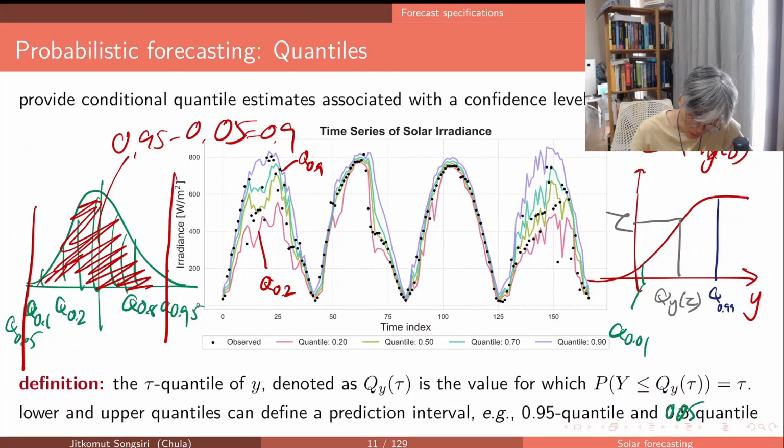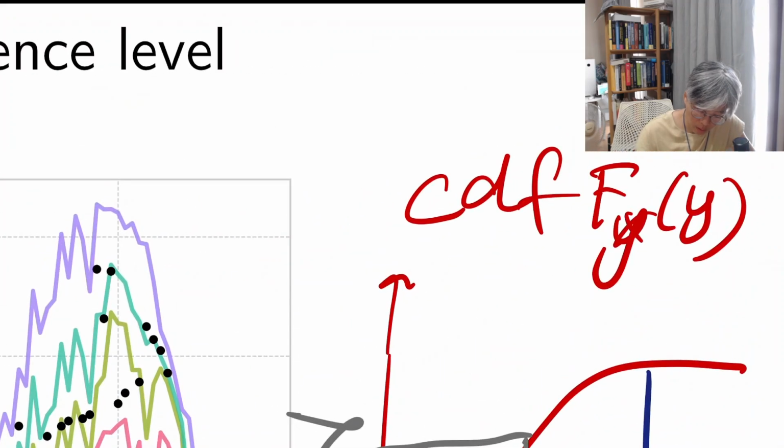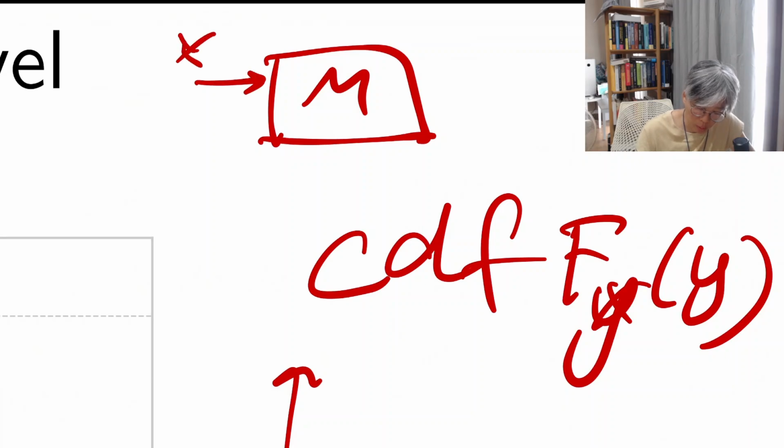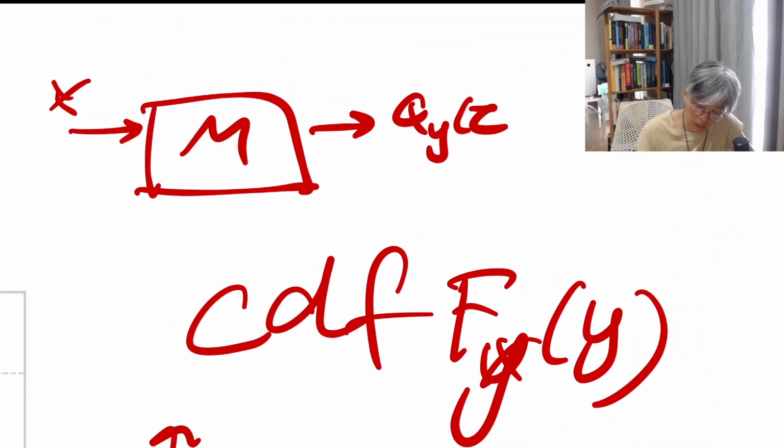I also would like to make a note that these quantiles are actually conditional quantile estimates. These quantiles are not obtained from the variable y alone. So the framework would be, you're going to have some model that, whenever you put in the input x, you get the quantile of y at probability level tau.